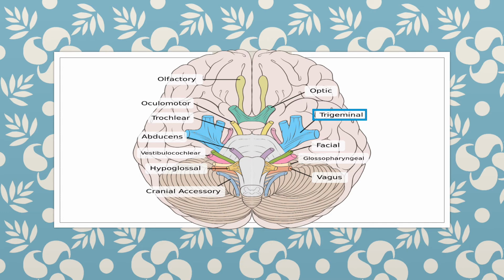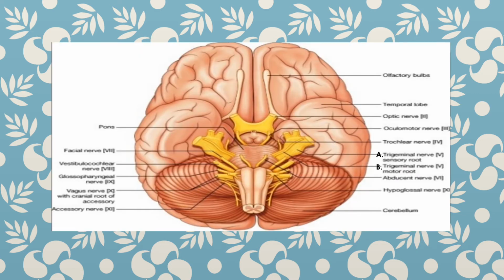You can see here it arises from the pons. Here you can see it more clearly. They are labeled A and B. A is the sensory root, the bigger root of the trigeminal nerve, and B is the motor root, the smaller one.